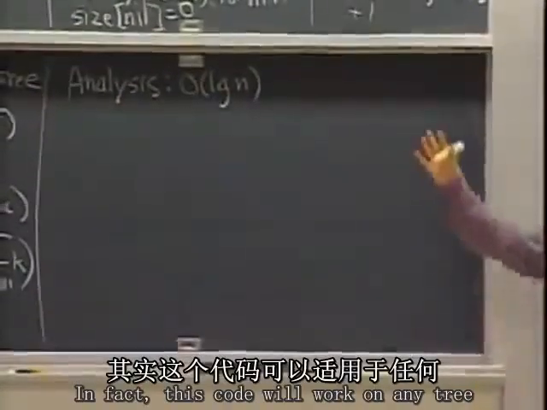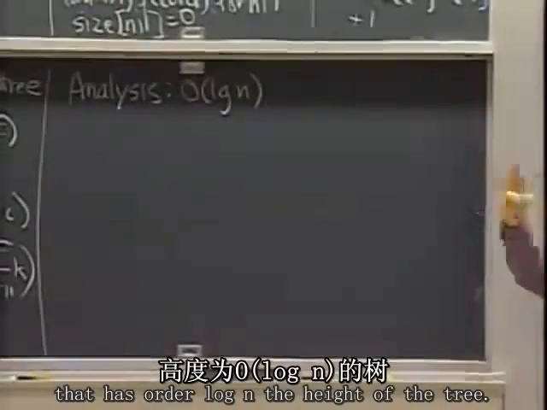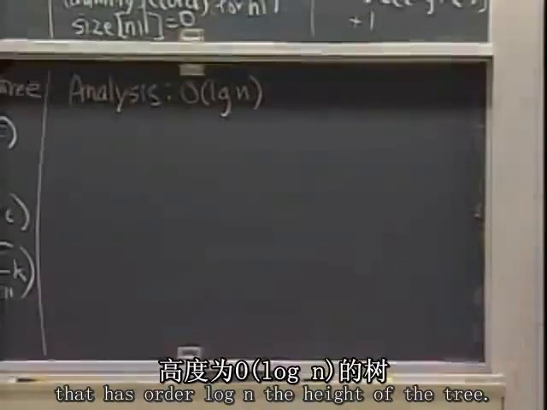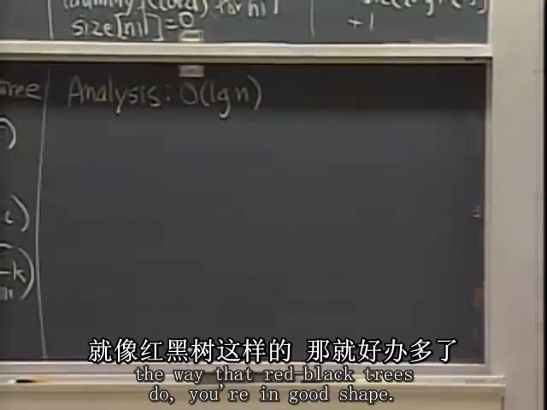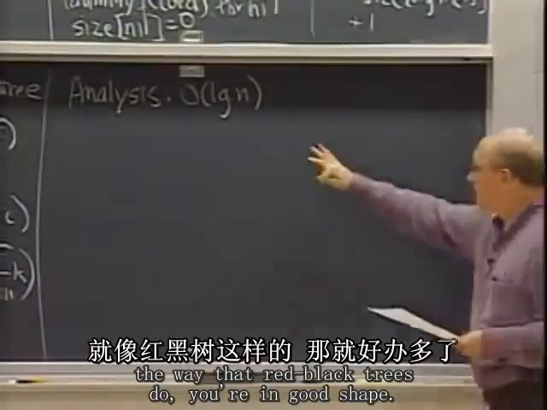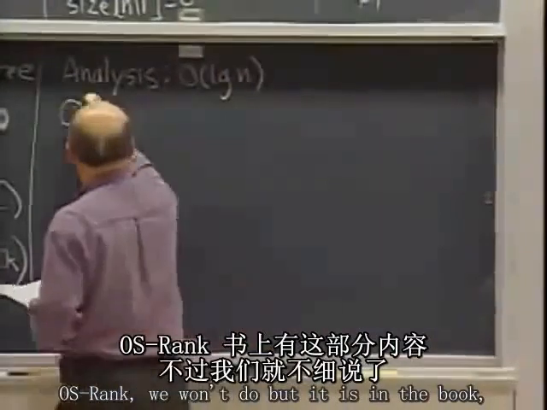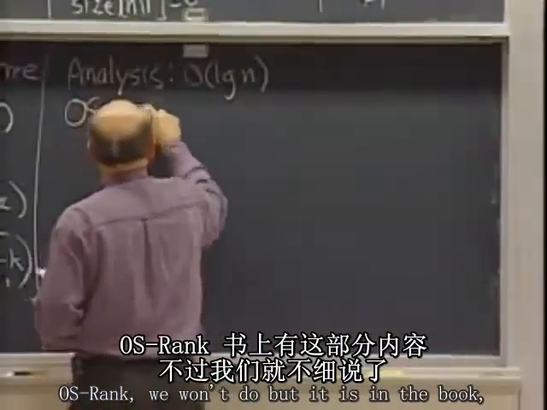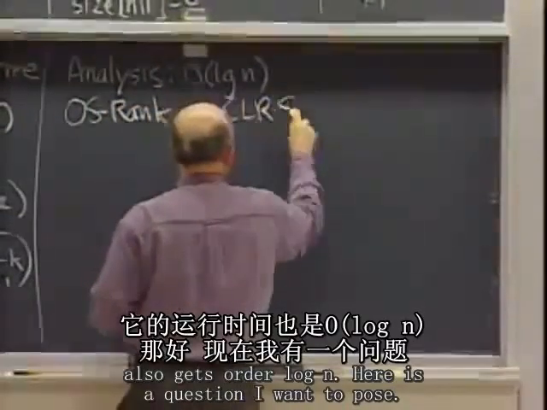In fact, this code will work on any tree with height order log n. And so if you have a guaranteed height the way that red-black trees do, you're in good shape. Okay, OS-Rank we won't do, but it's in the book, also gets order log n.